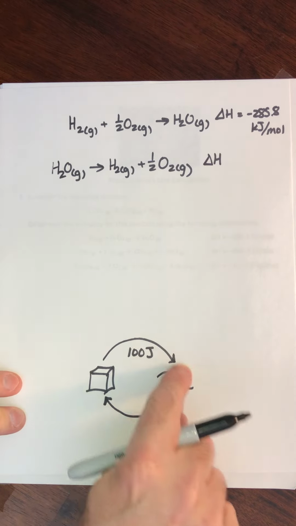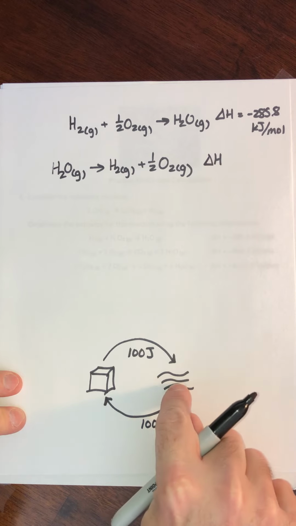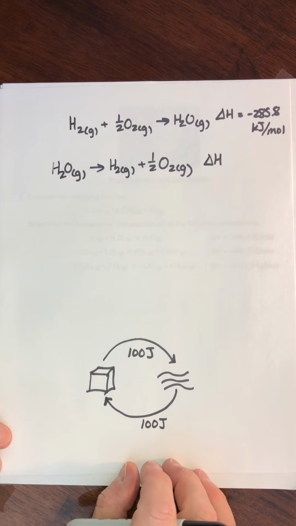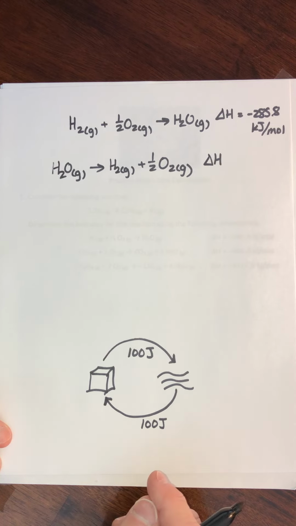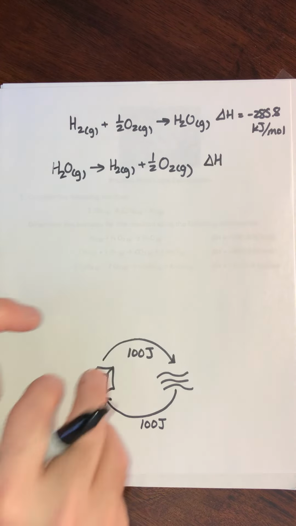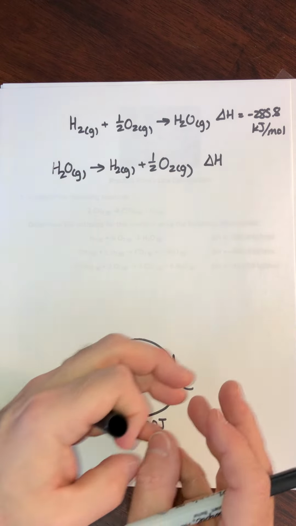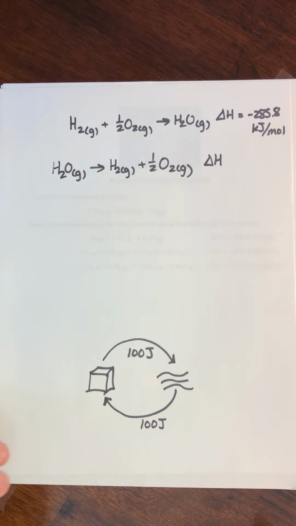If it took 100 joules to melt it, then you should have to suck out 100 joules in order to freeze it, right? They should be opposites. And in the world of chemistry, if you put heat into the ice cube to melt it, that's a positive. But if you suck heat out of water to freeze it, that's a negative, right?